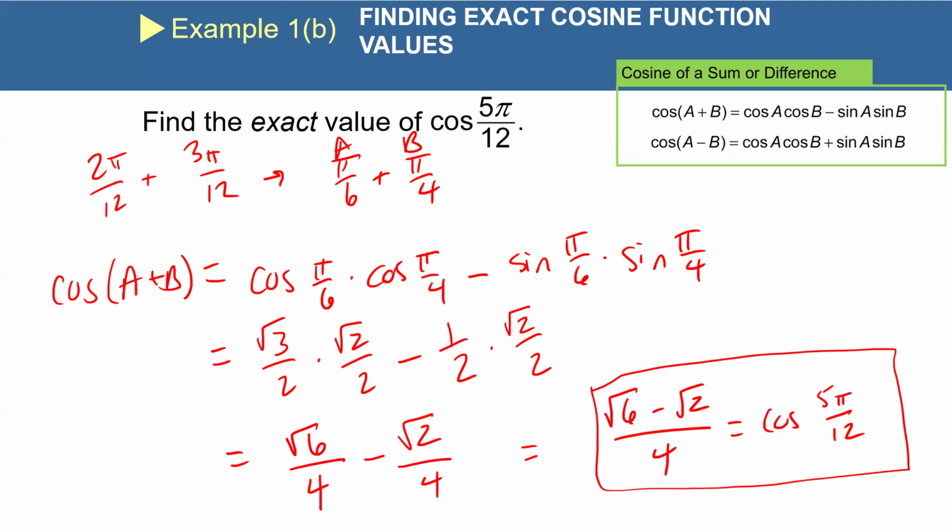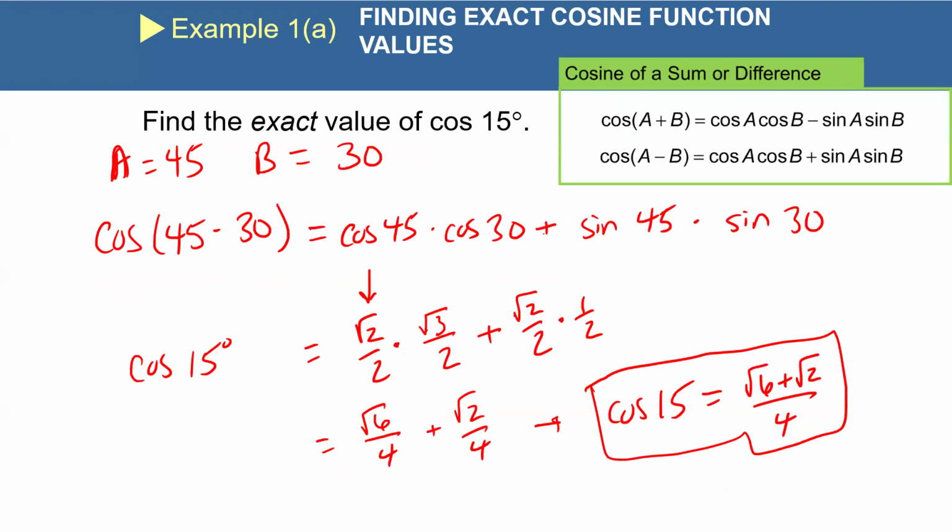All right, so just a recap. Yesterday we did it as a degree. We had 15, and we decided to do it as subtraction, 45 minus 30, right? And we found cosine of 45, cosine of 30, sine of 45, sine of 30. Today, we use pretty much the same values, right? We still use pi over 4 and pi over 6, correct?